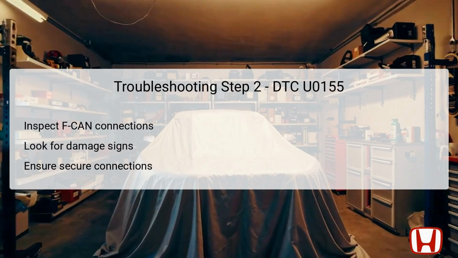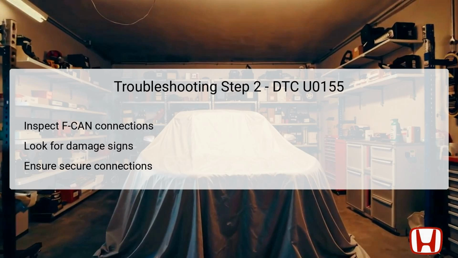The second step involves inspecting the connections associated with the F-CAN lines. Locate the wiring harnesses leading to the gauge control module and TCM, and check for any physical damage, such as frayed wires or loose connections, which could compromise communication signals.